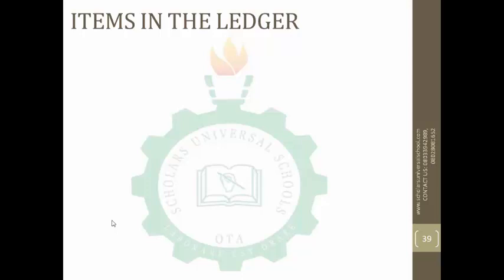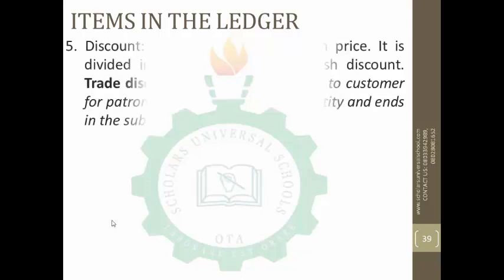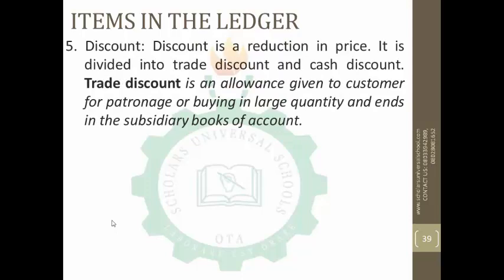Okay, the next thing that you have to know when we're talking about items in the ledger, although you might not find this in the table of the ledger, there are some instances when you might be asked, or you might have to know about them. Now, when we talk about discount, I'm sure most of us must have heard the word discount before.